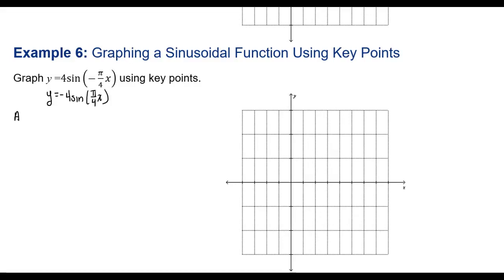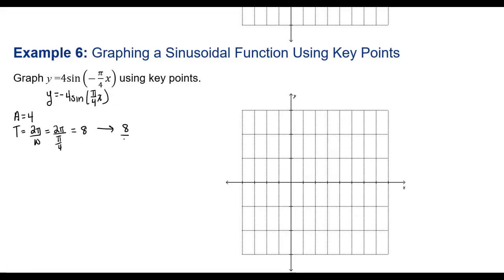So our amplitude is 4, so that's the height of my sine function. The highest it's going to go is 4, the lowest it's going to go is -4. Now, to find our period T, it's 2 pi over omega, so it's 2 pi over pi over 4, which is actually 8. So this time we actually have a whole number.